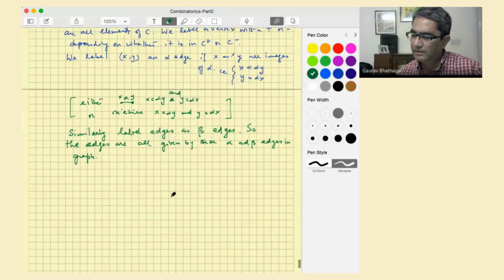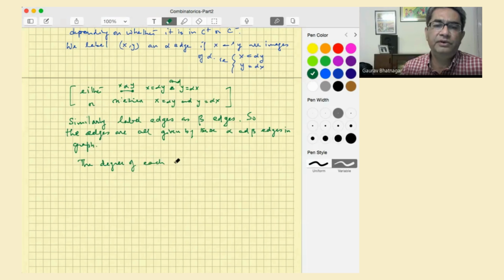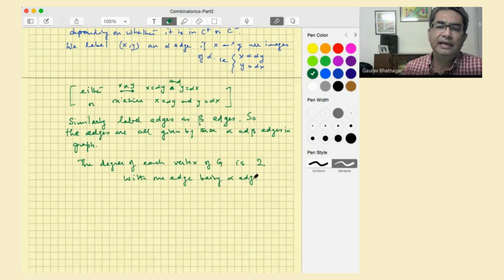Okay, so now we take the degree of each vertex of G is 2, with one edge being an alpha edge and the other being a beta edge.